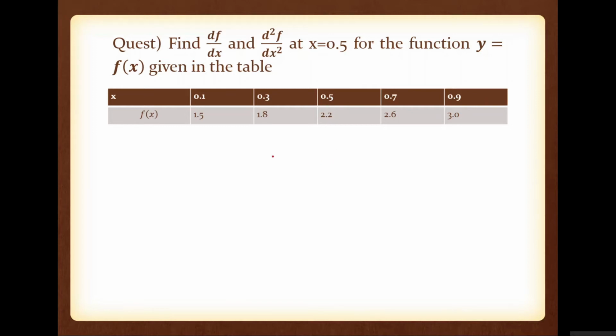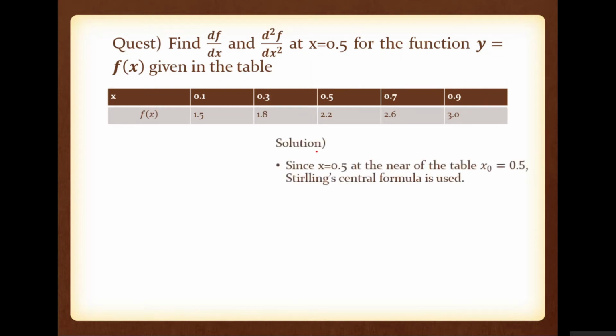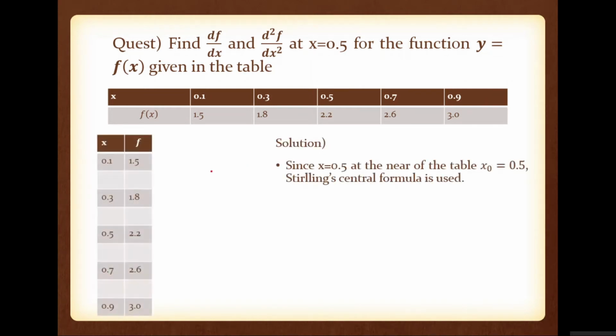Okay. So first what we need is a central difference table. So by using the given data, we have to form the central difference table. This one is the given data, x and f. By using this data, first find the first order central difference, theta.